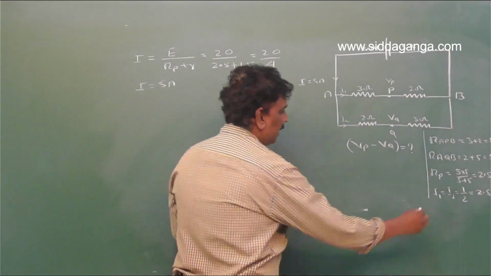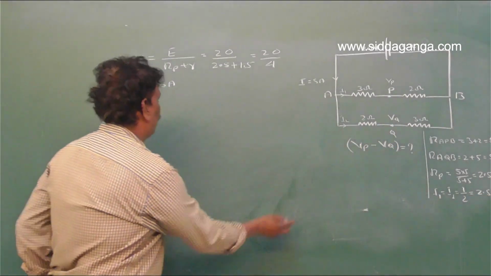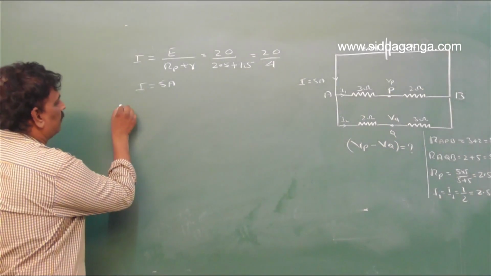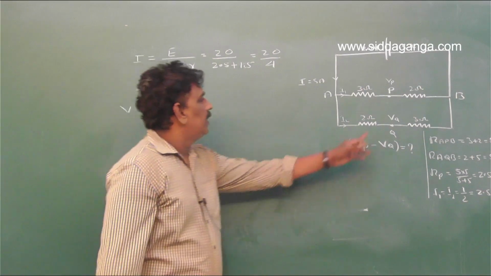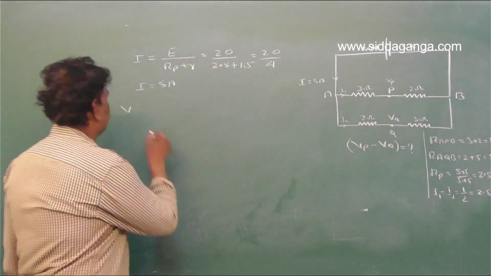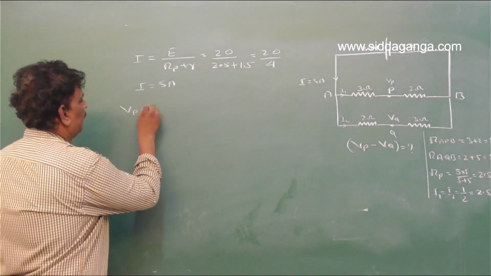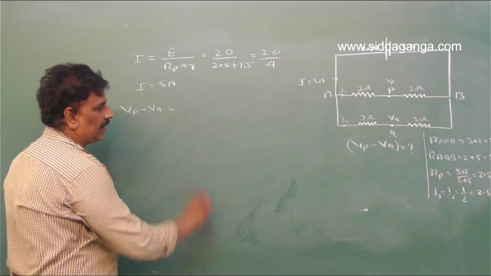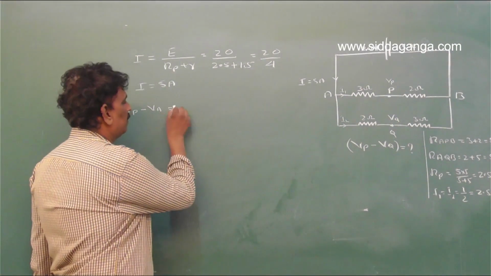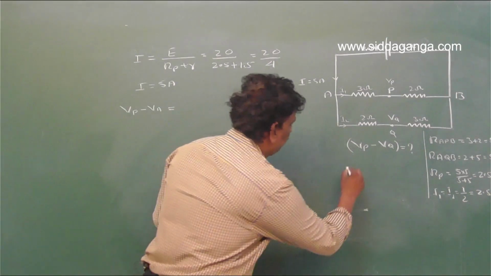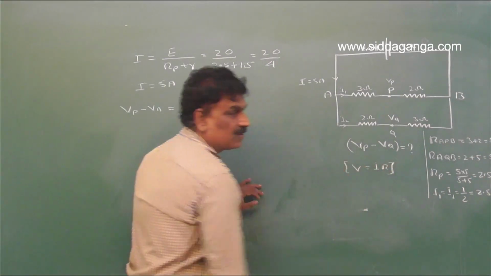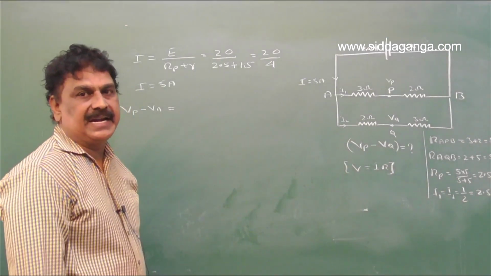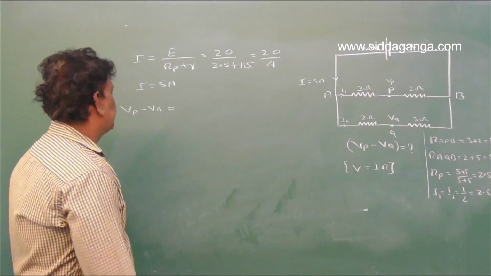Now we have the potential difference between Vp and Va. The potential difference between any two points is equal to I into R, where I is the current in this branch and R is the resistance.